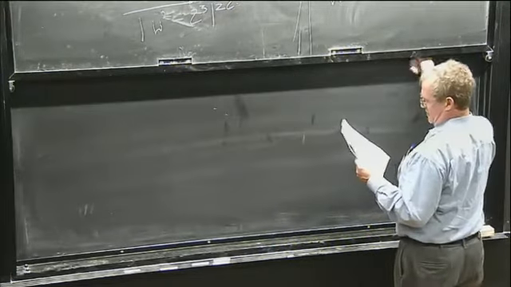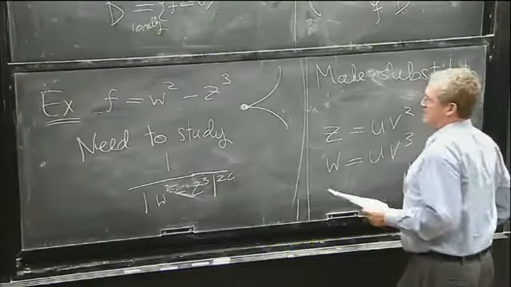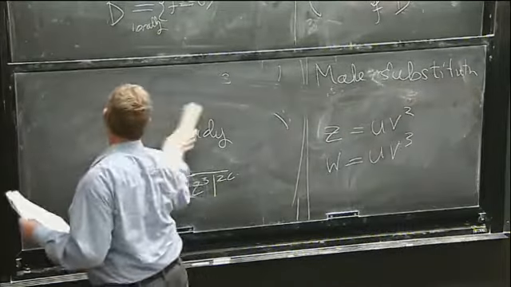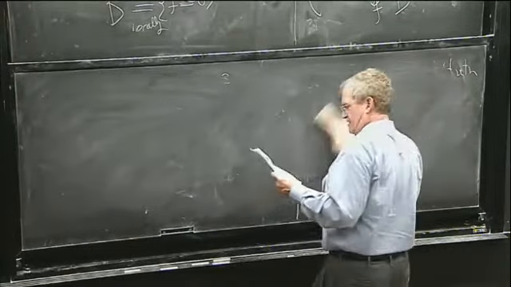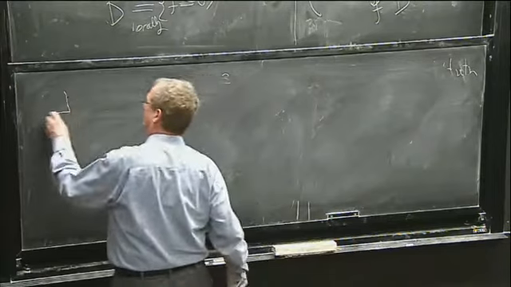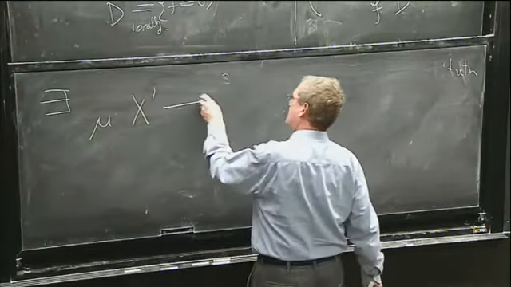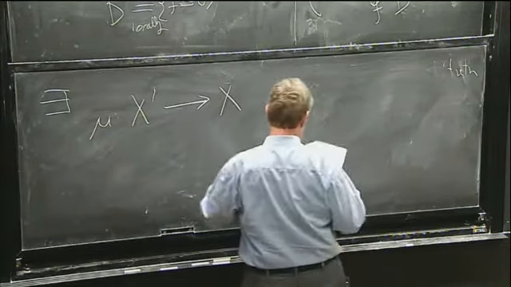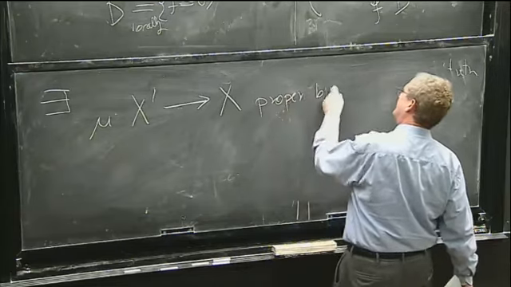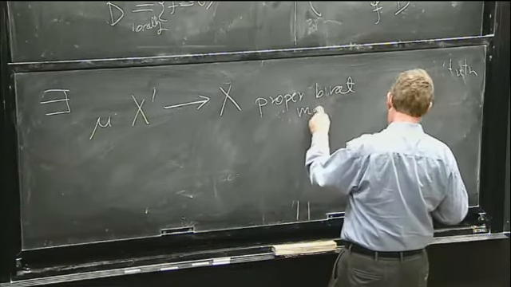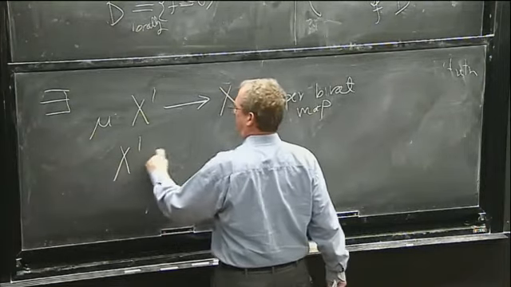What that means is we can cook up a new variety X prime that maps properly to X. In other words, there exists a proper morphism u from X prime to X. This is going to be a proper birational map. And X prime is supposed to be non-singular, so that's good.